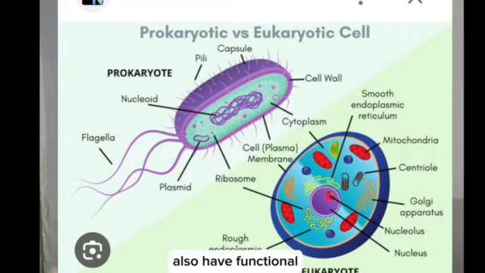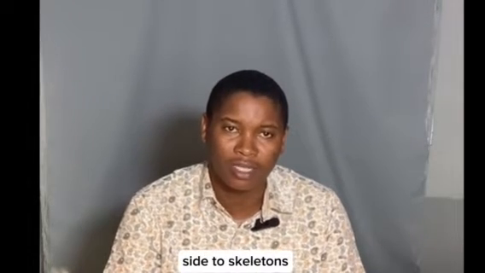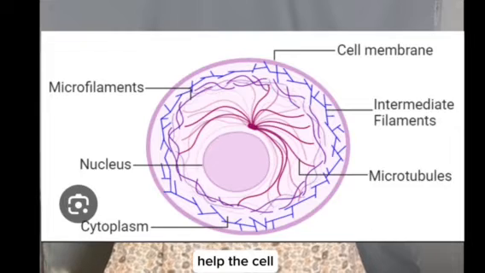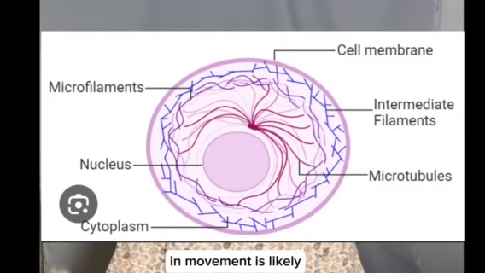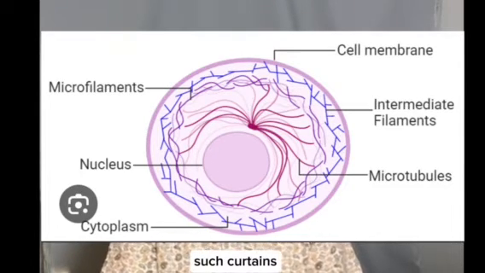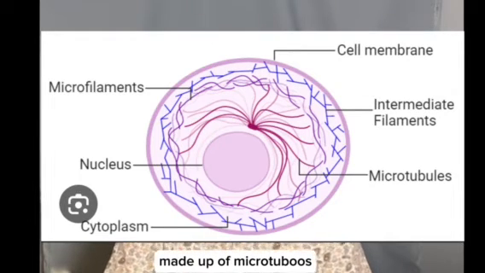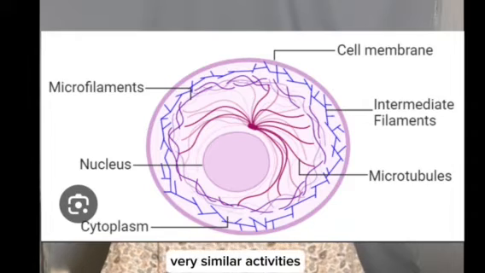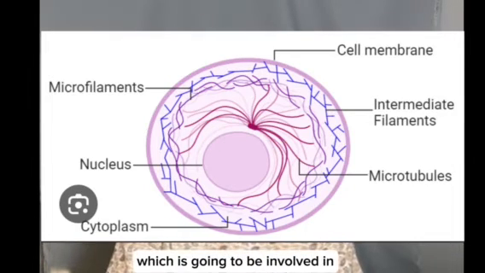The eukaryotic cells also have functional cytoskeletons which are distinct, and these cytoskeletons help the cell in movement. The cytoskeletons are usually made up of microtubules and microfilaments, and they help this cell for all the various cellular activities it is involved in.